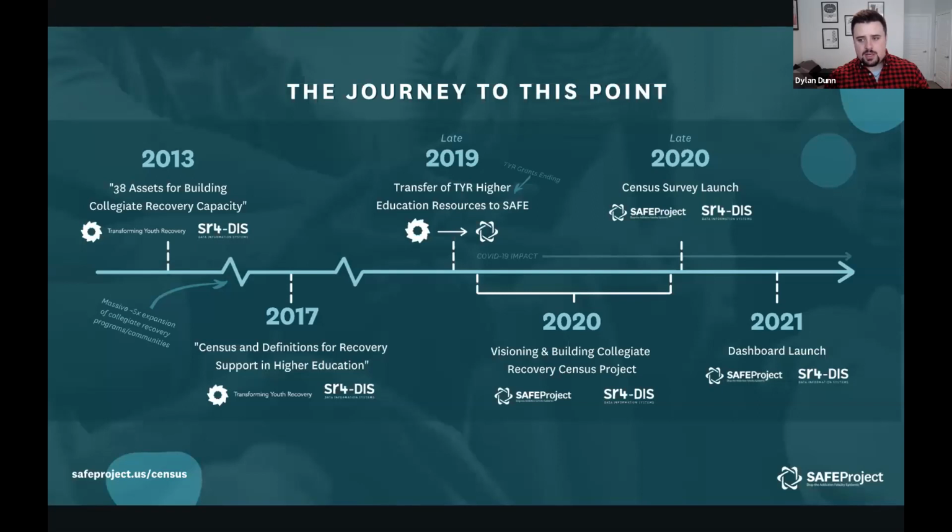And in 2013, around the time that her son actually passed away, they published a report with SR4, the folks that Alex is with, overviewing the 38 aspects that they saw were deeply important as universities were building collegiate recovery capacity. What was the soil that needed to be at a university for a CRC to grow out of it? That report was hugely transformative, hugely informative to the field and the really young field it was at that time.